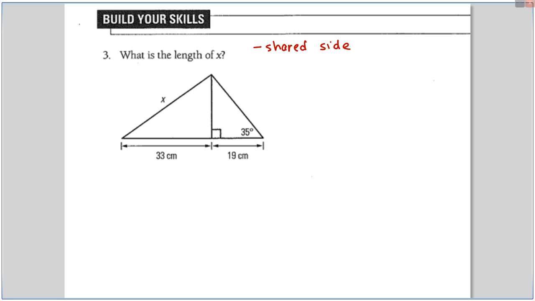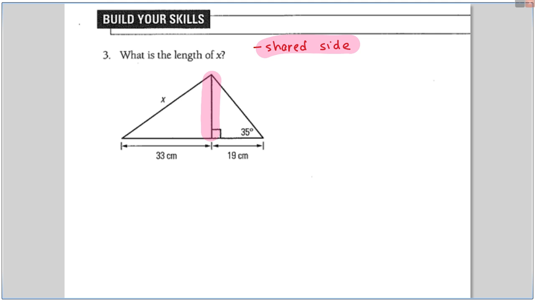Where is the shared side? What's the one side that the two triangles share? That height, right? Good. So here's the shared side right there. So that's what you'd probably want to go after first.